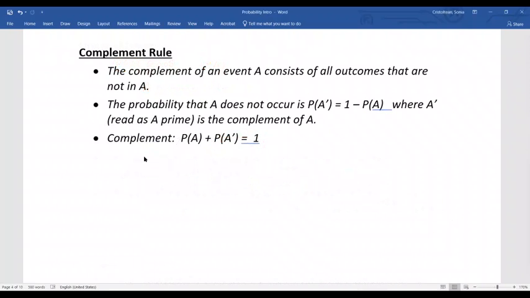Another important rule is called the complement rule. Let's first talk about this, and then we will go over some examples.